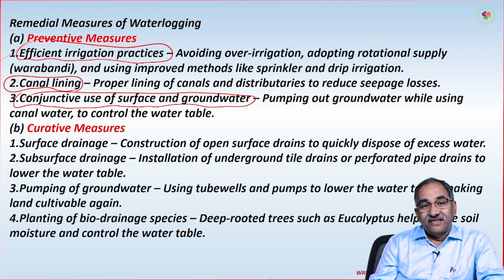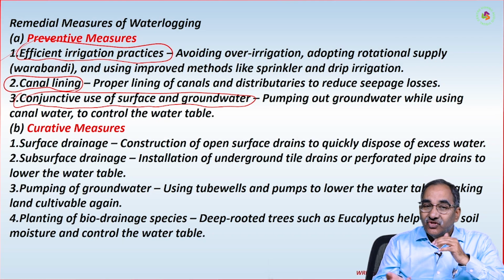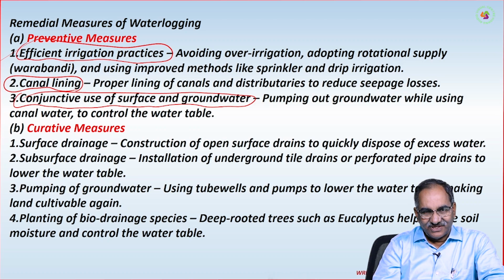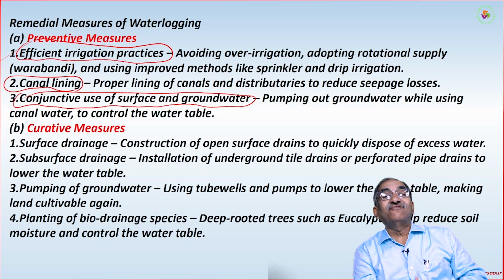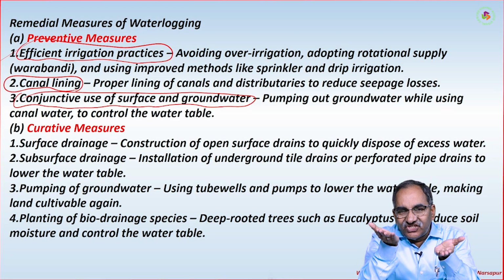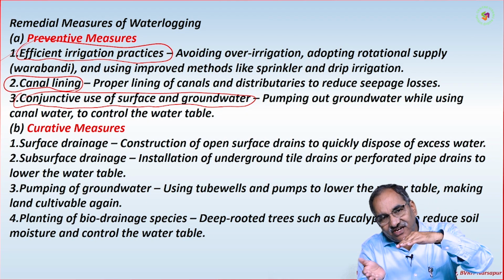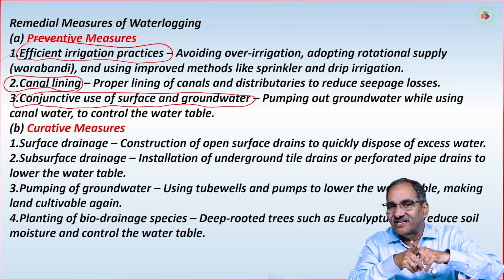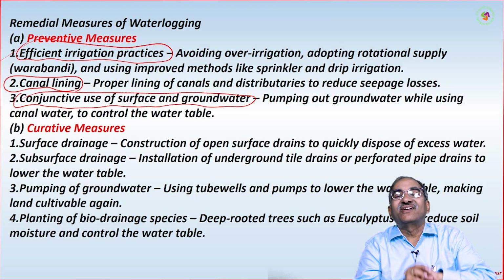That means if the water table is rising, use the groundwater also for irrigating the crops rather than always drawing water from the canals. So that means efficient usage of surface water, that is from the canals, and groundwater reduces the chances of waterlogging.